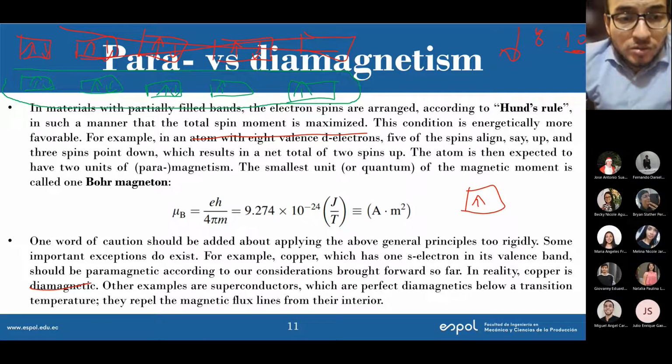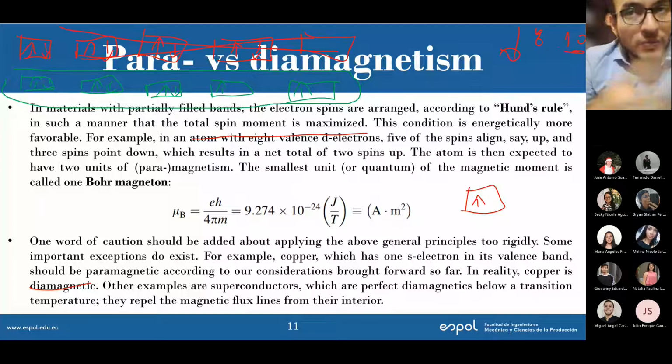You will think there should be paramagnets because there is a net magnetic moment, but superconductors are actually perfect diamagnets, as I said when I was talking about diamagnetics, when they are in the superconducting state, below the transition temperature.